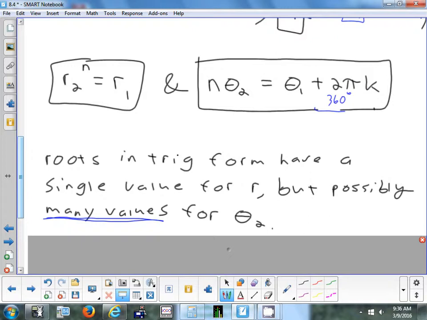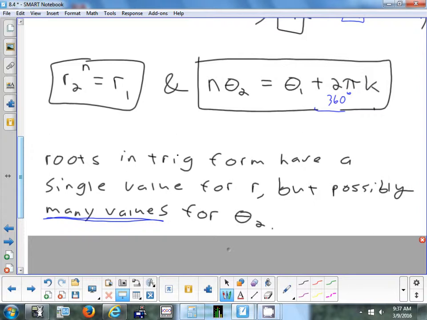Okay? You're always going to have one answer for the radius. If you get a radius of 2, that's the radius for every answer in your problem. But you're going to get different answers for the angle. And how many answers you get depends on what root you take. The nice part is it's easy to remember how many answers you get.